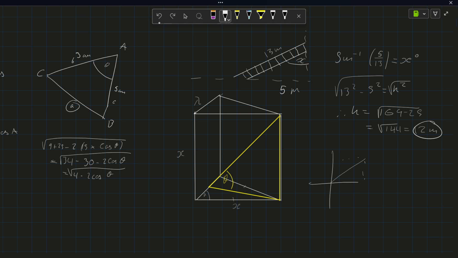Also, if you're wondering, calculating this area.